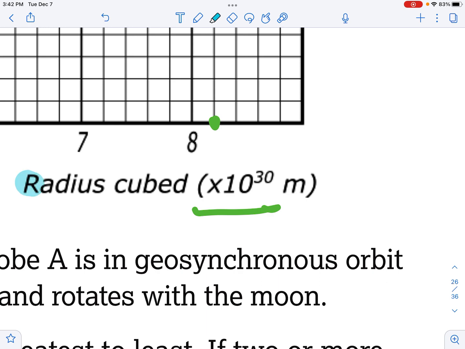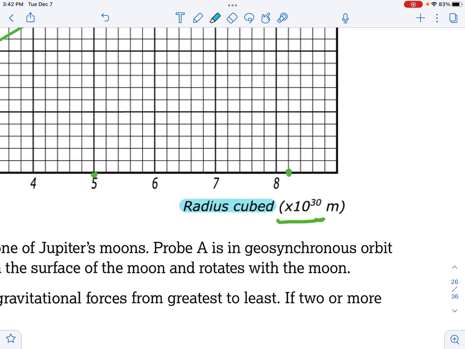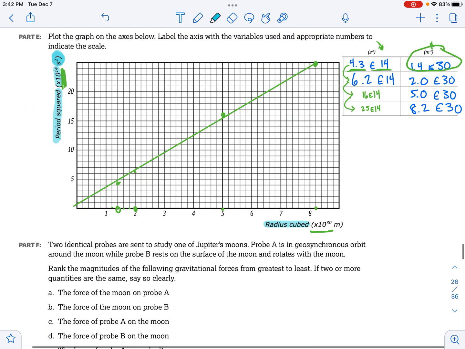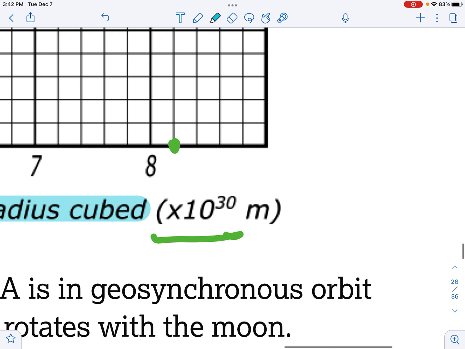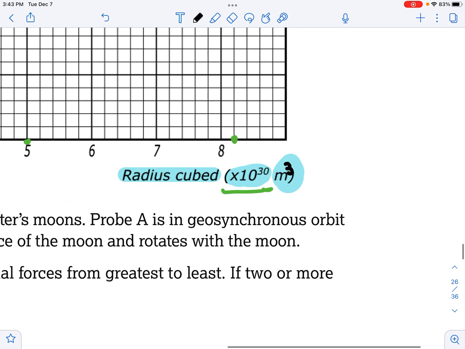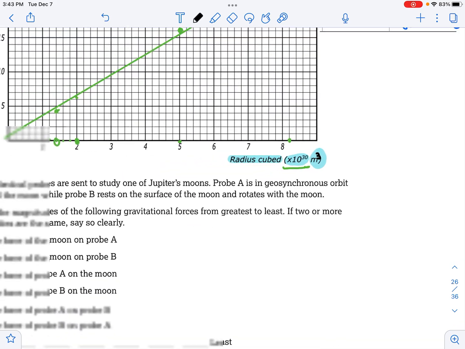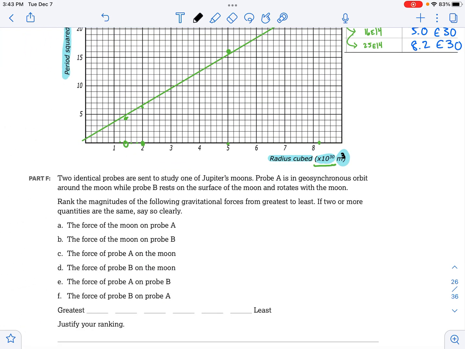Do you see what it is yet? I like that they said radius cubed. I like that they acknowledged the times 10 to the 30th down here. But they done goofed, Aaron. This should say meters cubed. So we got him on that one.